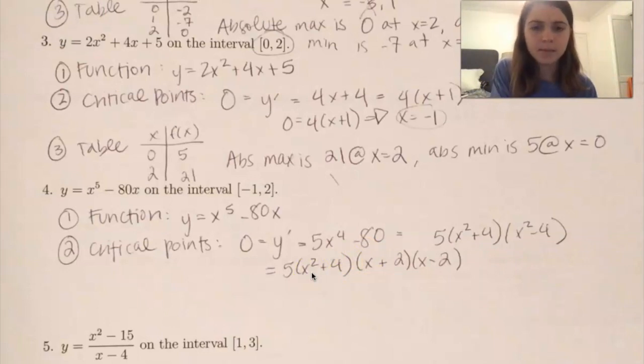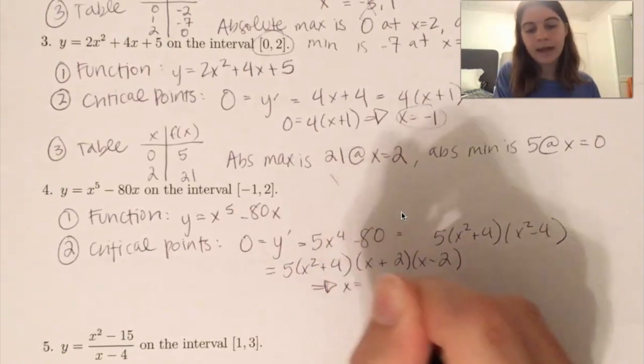We know that because x squared would have to be negative 4, and you can't plug in a number, square it, and expect it to end up negative. So x squared plus 4 is not going to give us a critical point. So we can basically ignore it because we need one of these two factors to give us 0 to make the whole thing 0.